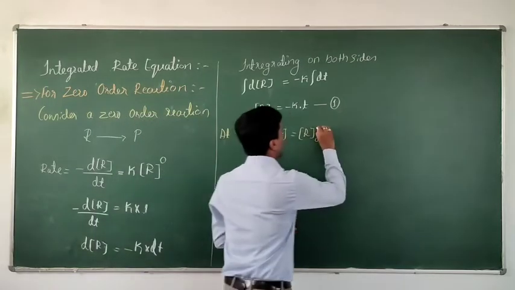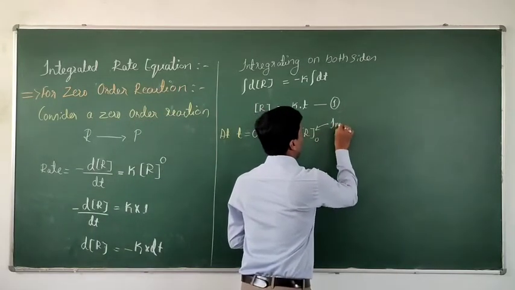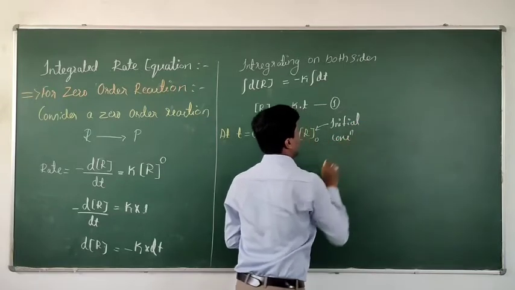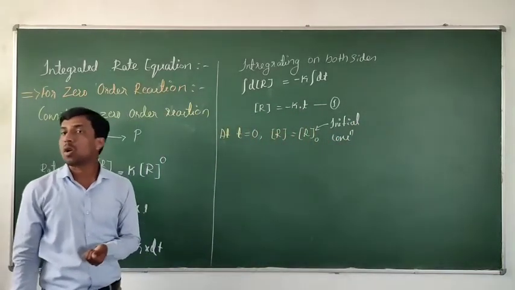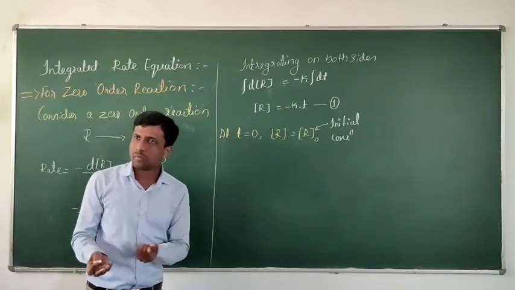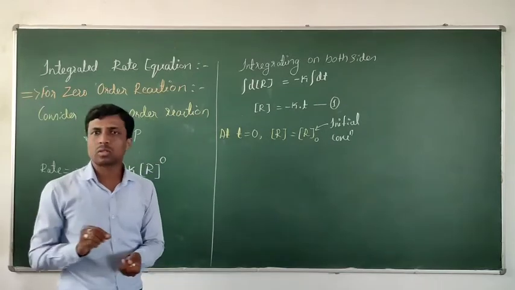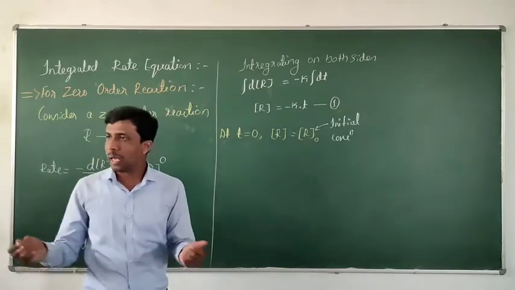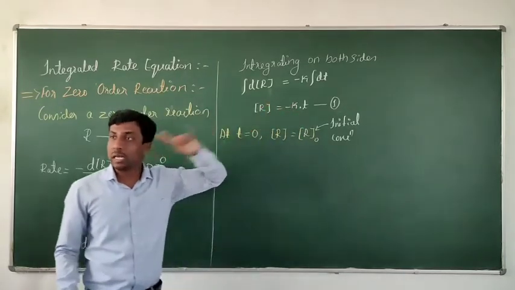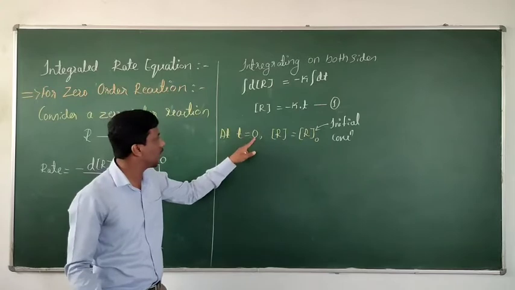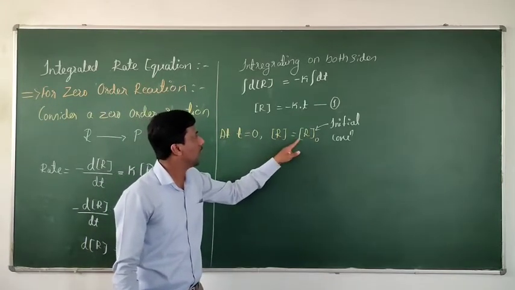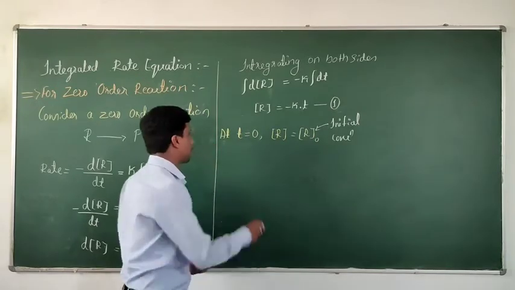In the beginning you can take 2 moles, 0.5 moles, 0.05 moles, or even 100 moles. R0 is the initial concentration. At time t equal to 0, R is equal to R0.